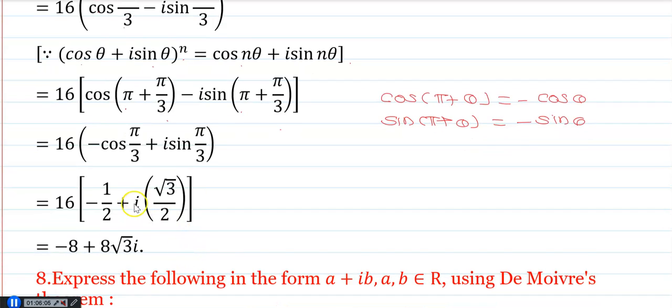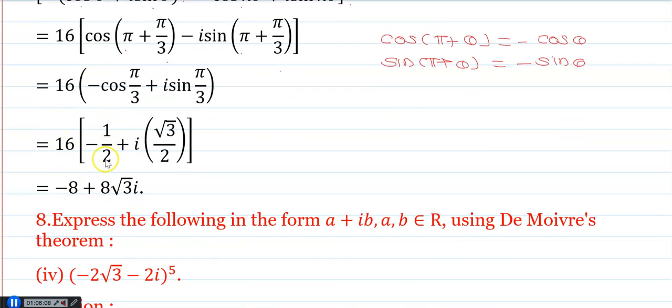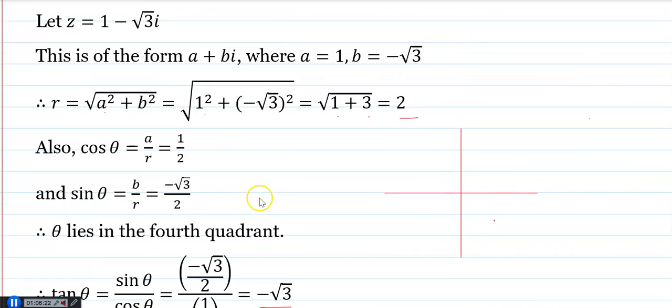Now the multiplication. 16 into minus 1 upon 2, you will get minus 8. 16 into i root 3 upon 2, you will get 8 root 3 i. This is the result, and hence it is in the form a plus ib by using de Moivre's theorem.